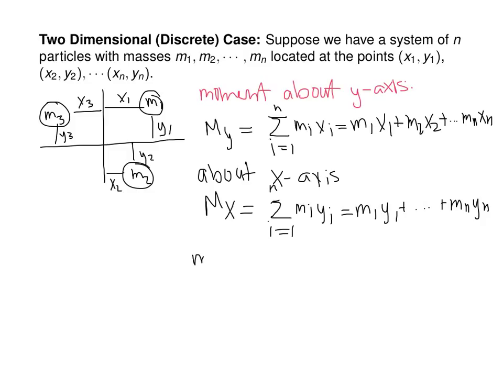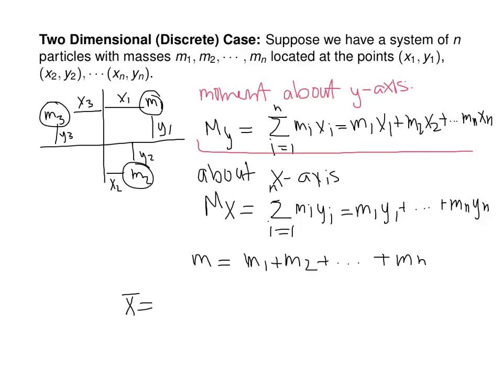Next, we let lowercase m be equal to the total mass, which is m1 plus m2 up to mn. And then the location of the center of mass, x bar, is given by the sum of the moments, so that will be My divided by the total mass.